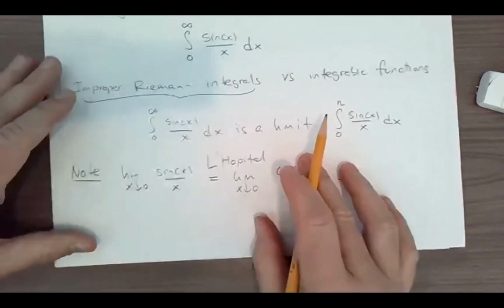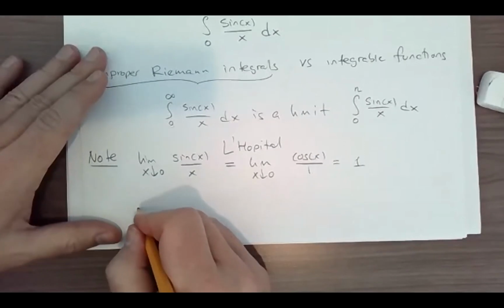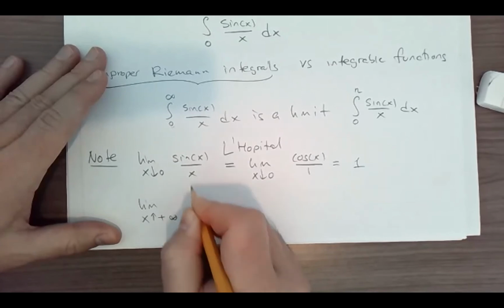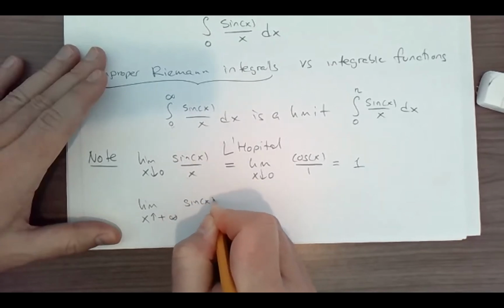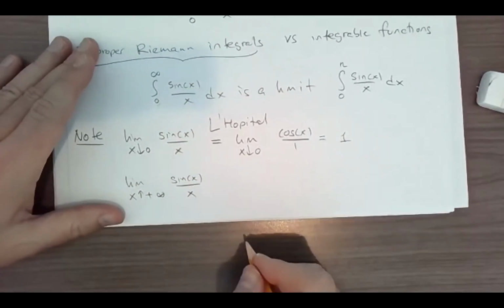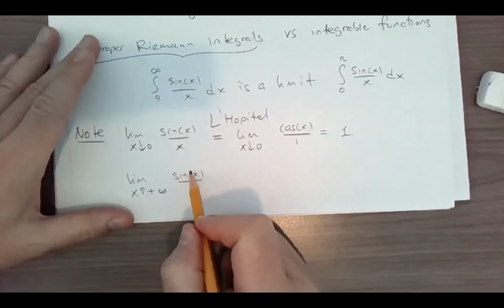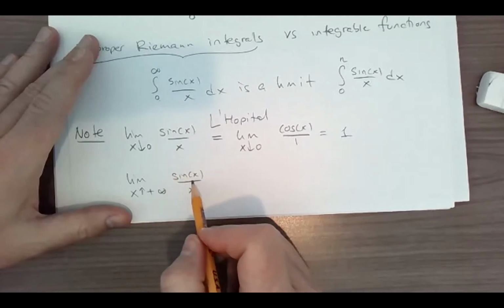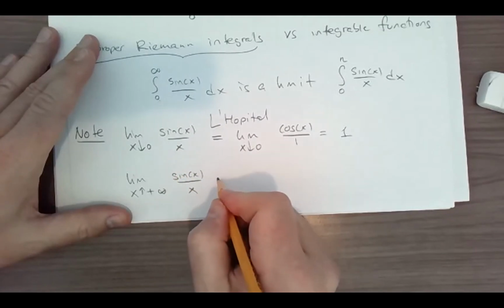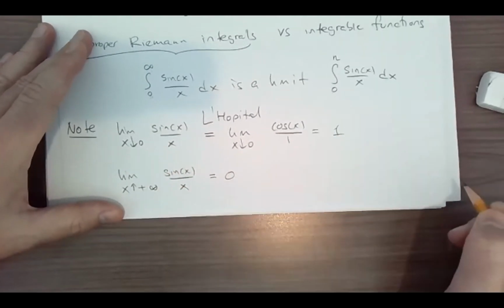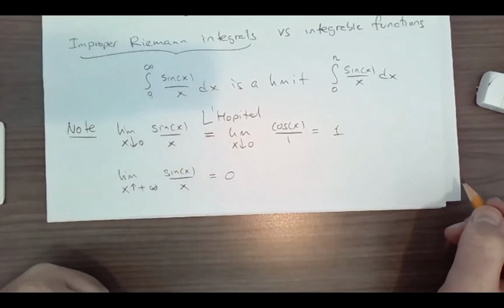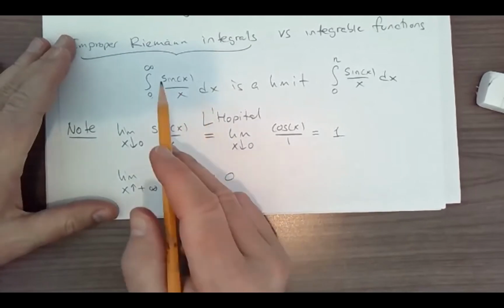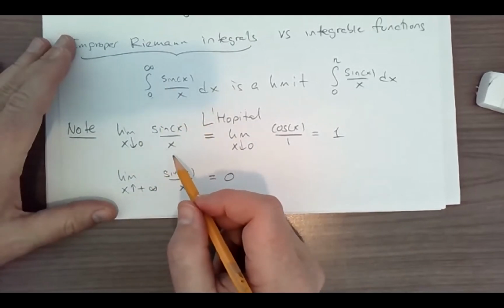It's also true that if I compute the limit as x goes to plus infinity of sine x over x, sine x is going to be bounded in absolute value by 1. I take something that is bounded, divided by x, take x to infinity. This here is going to be 0. But not all decaying functions are going to be integrable. And this here is an example of one of the bad ones.